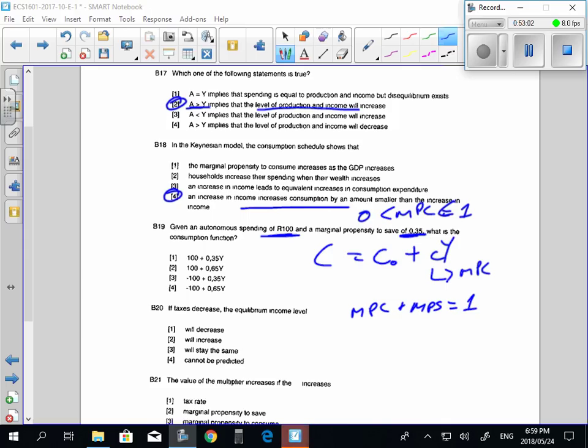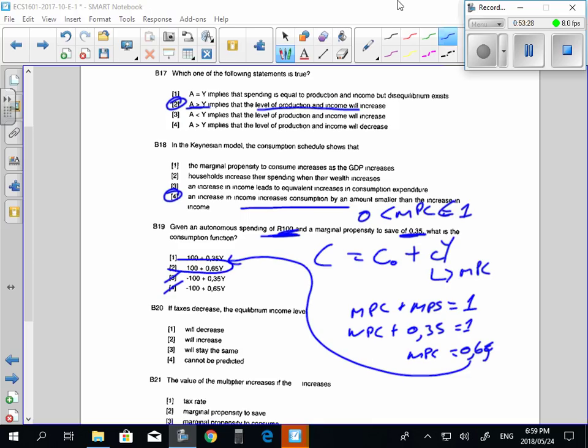Our MPS is 0.35, which means that our MPC is equal to 0.65. All right? You've got your autonomous consumption there. It is positive. Remember, autonomous consumption is positive even when income is 0. So it's going to be one of the two positive ones, and obviously we've substituted 0.65 into our consumption function.